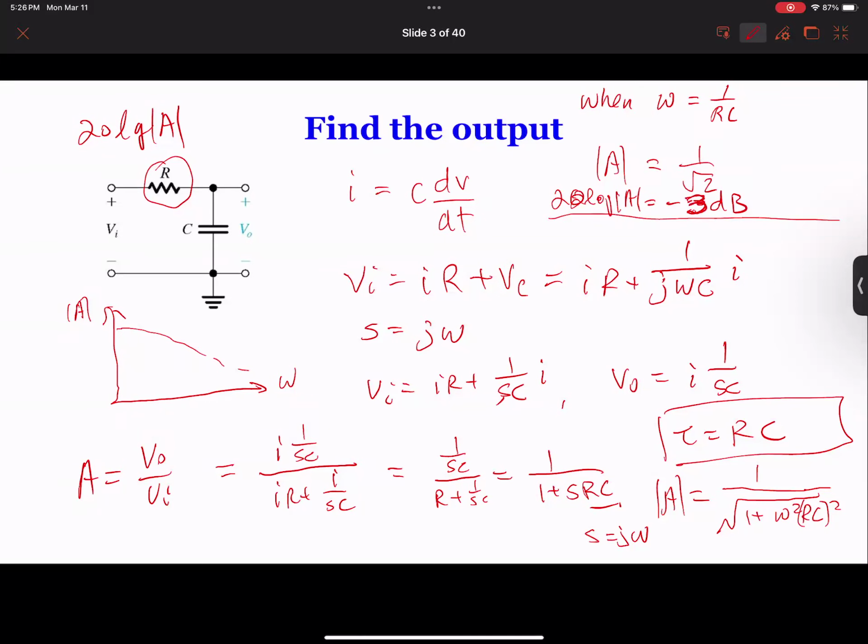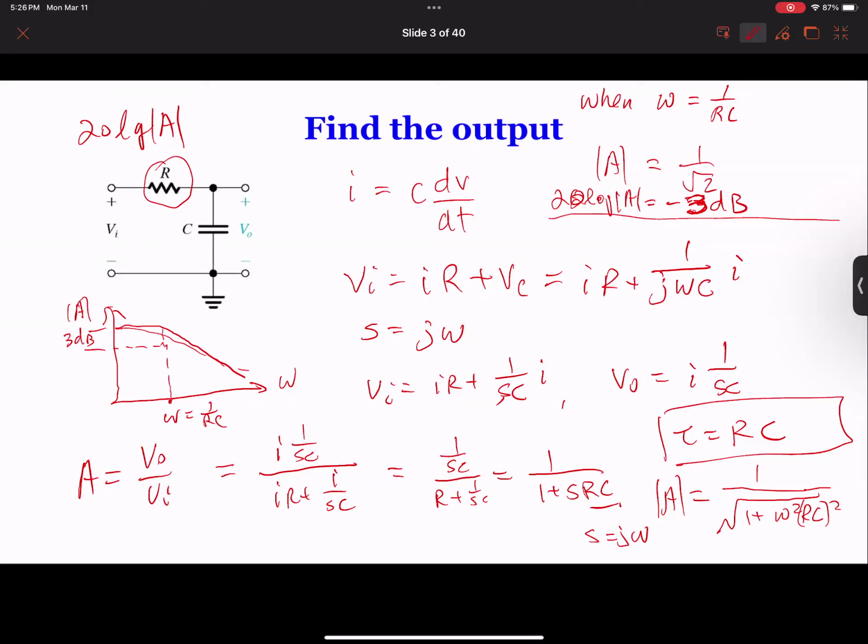Minus 3 dB. So when you plot this diagram, it becomes more like this. It's more or less constant, and it drops like this. And at this point, it's minus 3 dB. And this is omega equals 1 over RC.